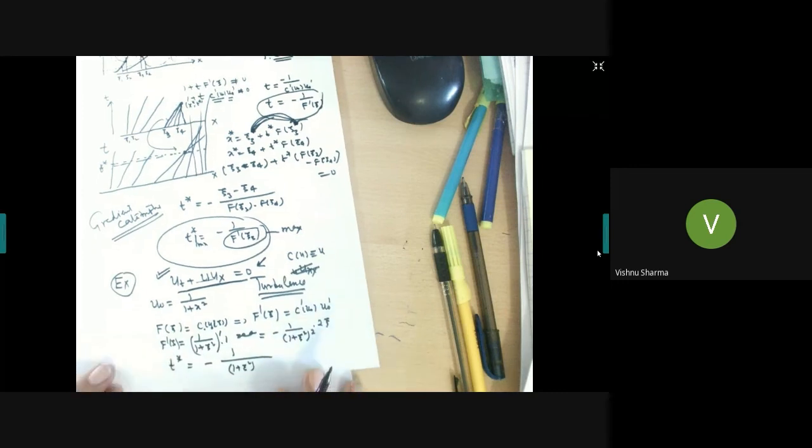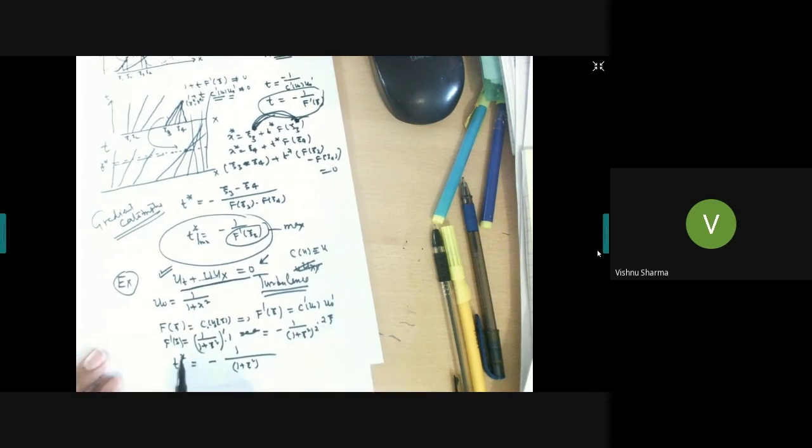Am I right? Let me write the derivative of this. That is minus 1 upon 1 plus xi square whole square into 2 xi. Am I right? Please check the calculation.